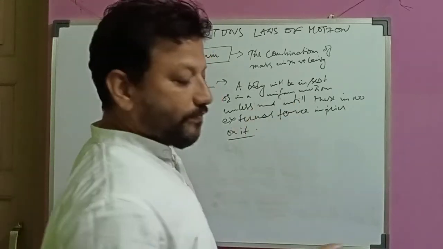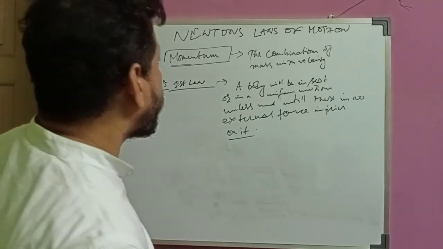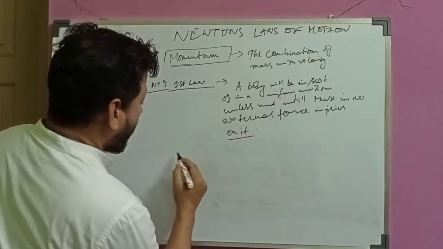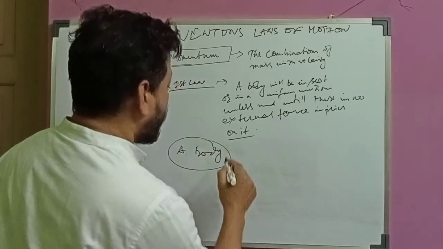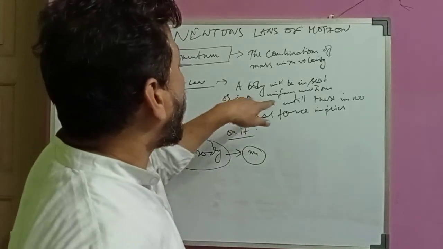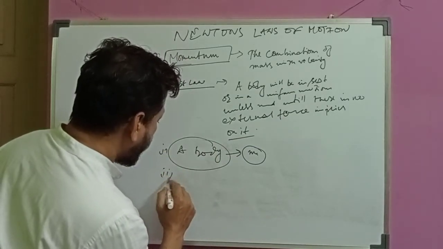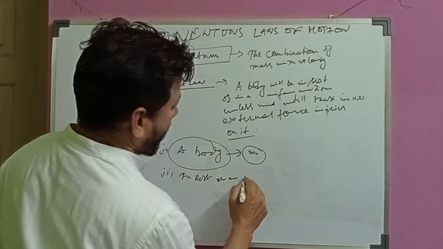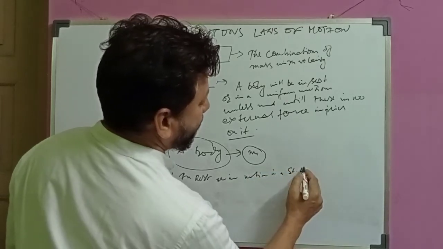So from this first law, what did we get? We got a body. A body means obviously a mass, either in rest or in motion. Number two, in rest or in motion in a straight line.